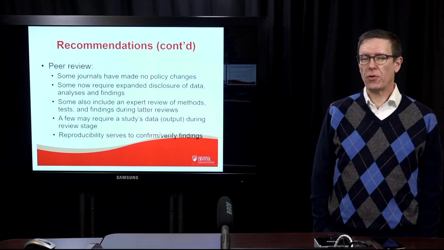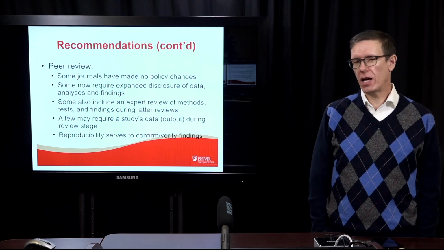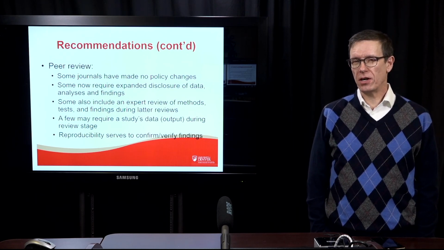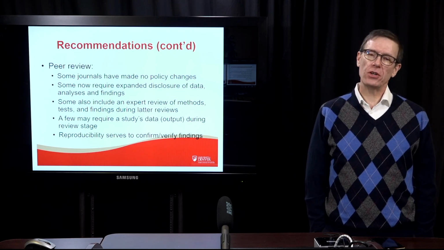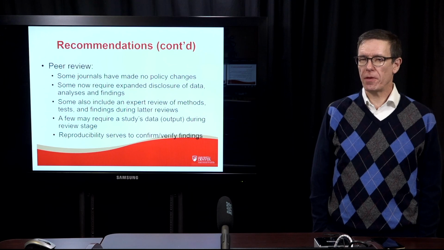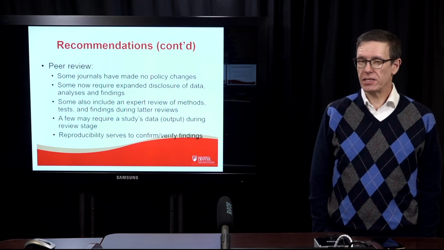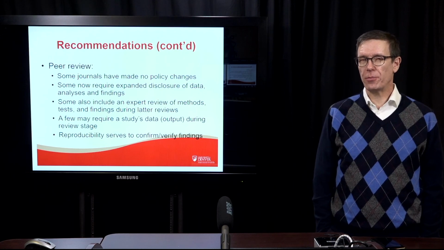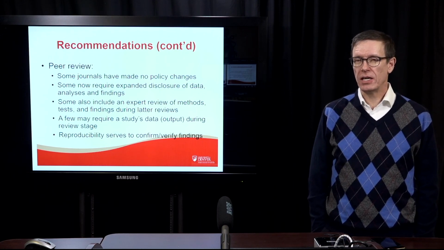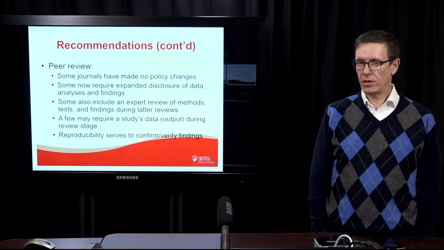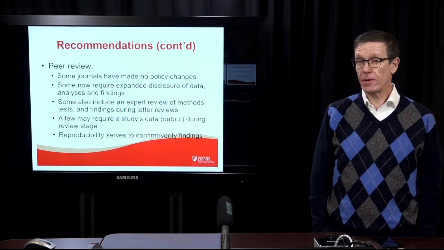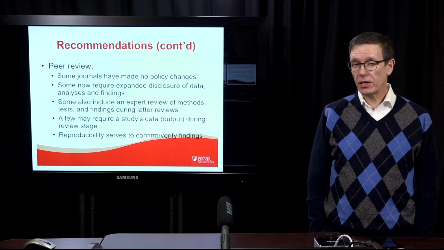Some journals now require expanded disclosure of data, analyses, and findings, such as no longer reporting p-values using stars, requiring standard errors, etc. Some journals now include an expert review of the methods, the tests, as well as the findings. So as an article is working its way through the review process and nearing acceptance, a methods reviewer will be charged with going through the methodology to make sure it's reported fairly, clearly, and completely.